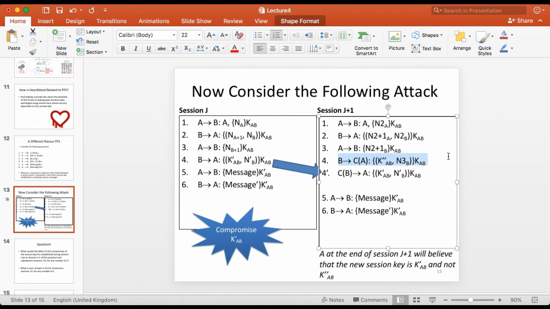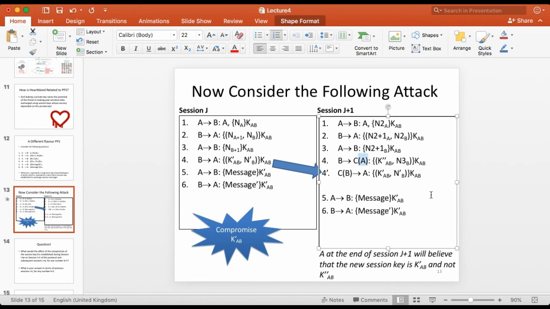In this fourth message, something happens. We haven't yet covered attack traces and the terminology we use in them, but for now let's assume this means the intruder C is pretending to be Alice.